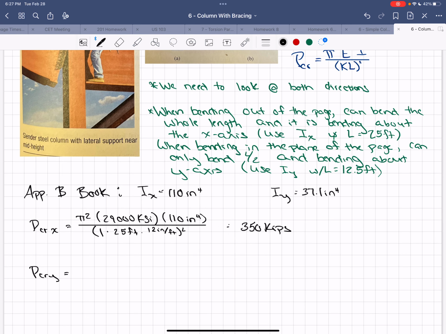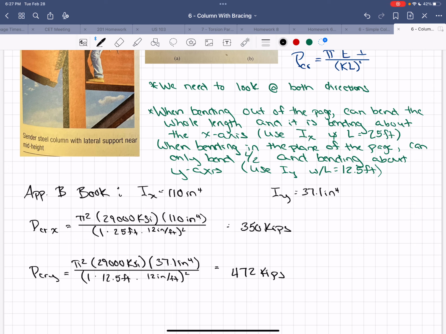Now we have to look at the y direction. P critical Y equals pi squared times 29,000 ksi times Iy, 37.1 inches to the fourth, all over K of 1 times 12.5 feet, our length in this direction, times 12 inches per foot, all of that squared, and we get 472 kips.